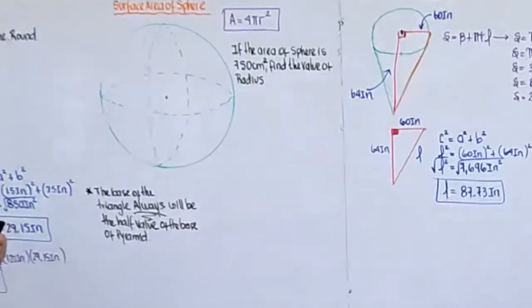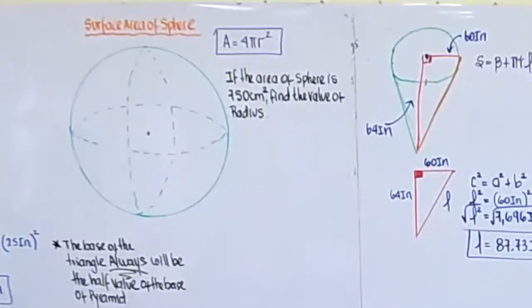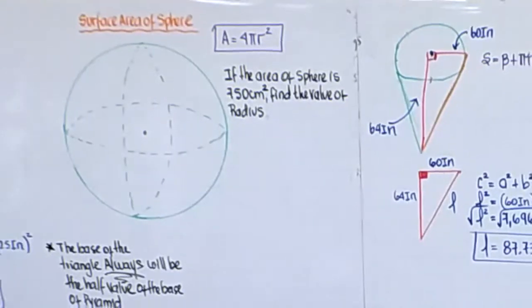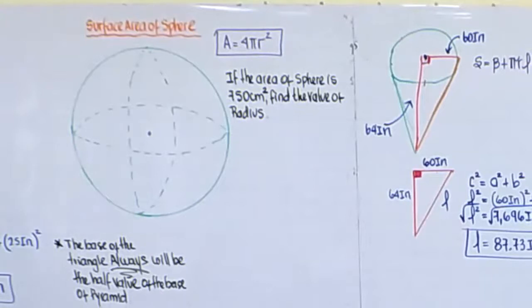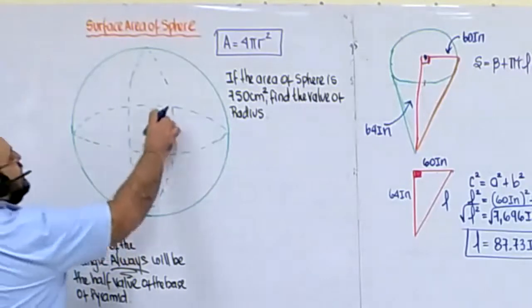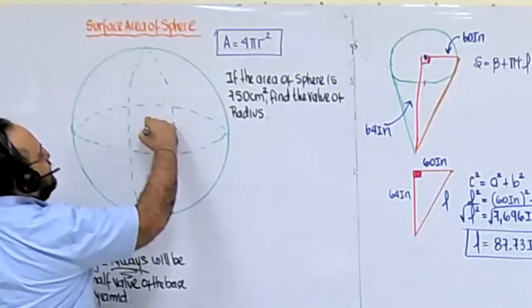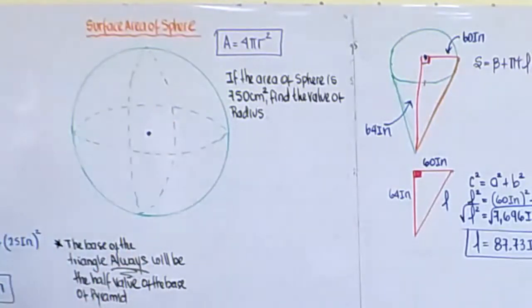So in problem number 3, we have this picture, the sphere, right? And the problem mentions if the area of this sphere is 750 square centimeters, find the value of the radius. Remember the radius is the distance between the center and any point.